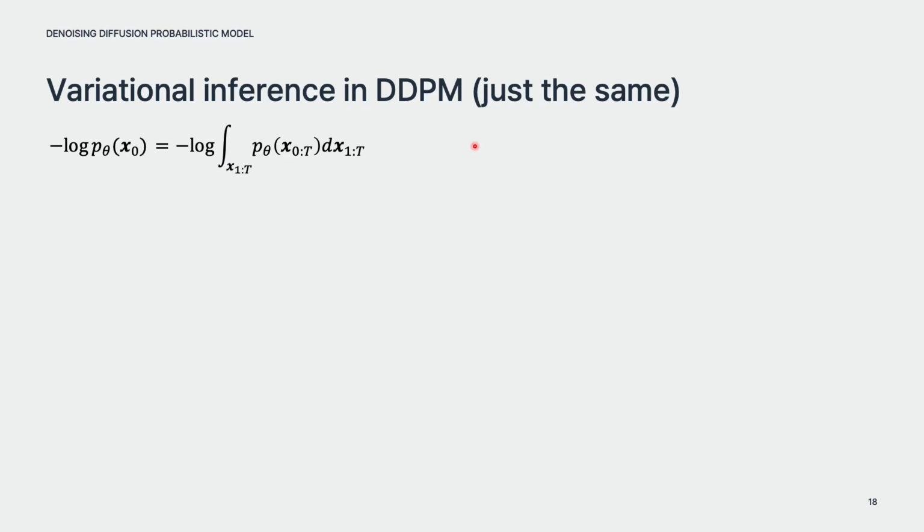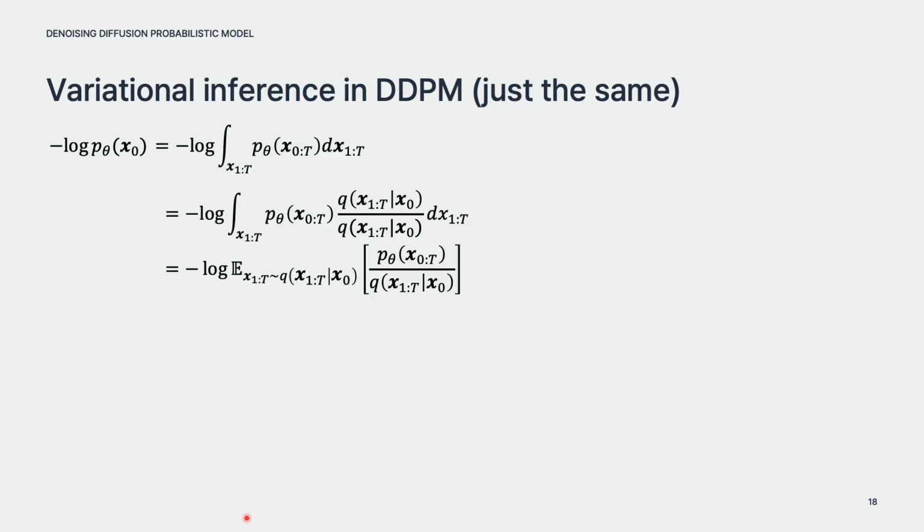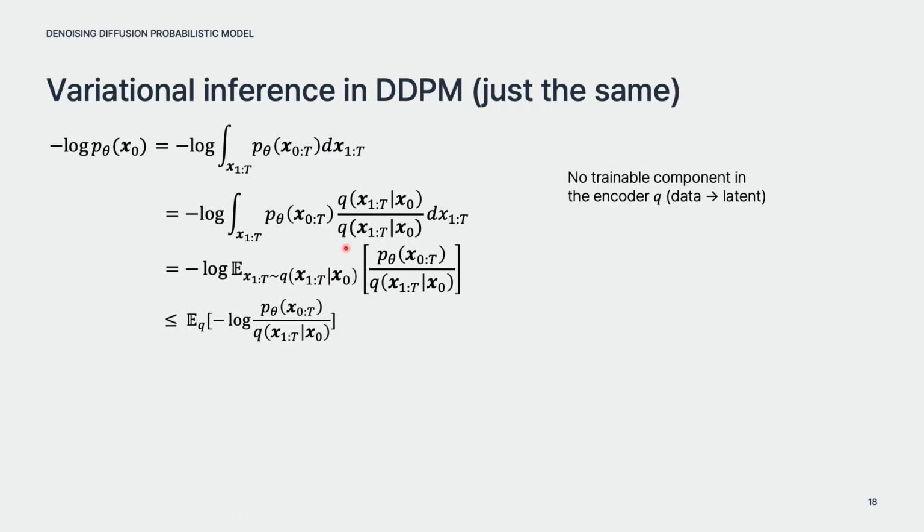The overall logic of variational inference is identical to VAE, but there are a few noticeable changes. First, you can see that there is no subscript for this Q because we defined the forward process without any learnable component.